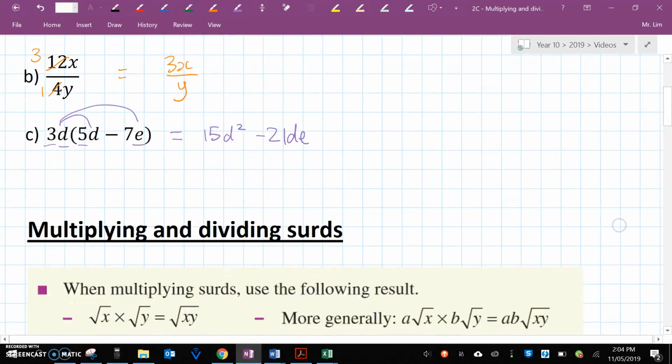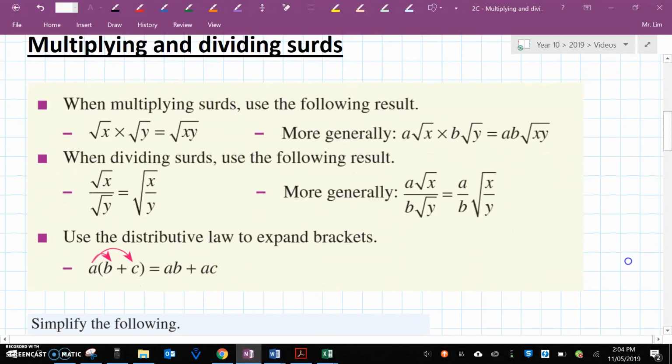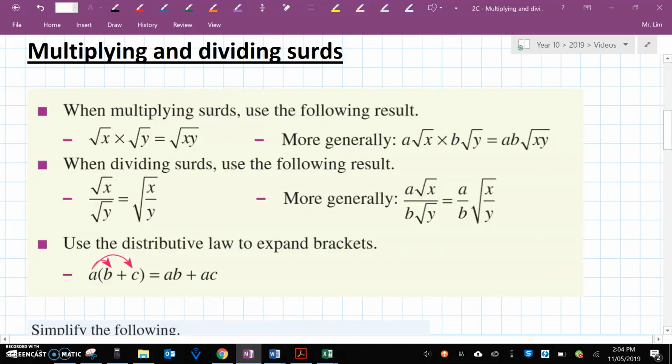Okay, so let's have a look at today's lesson, multiplying and dividing surds. When multiplying surds, we need to use the following result. Root x times root y is equal to the root of xy. More generally, a root x times b root y is equal to ab root xy.